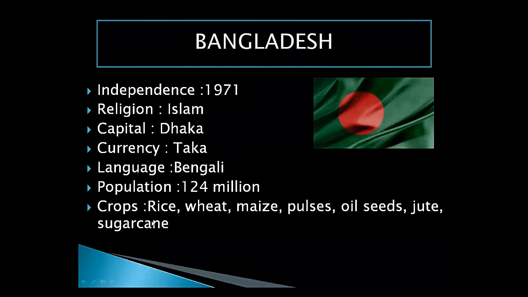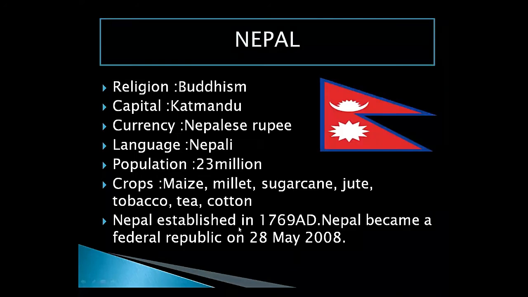Next country is Nepal. Established in 1969 AD, Nepal became a federal republic on 28 May 2008. The national religion of Nepal is Buddhism. The capital city of Nepal is Kathmandu.